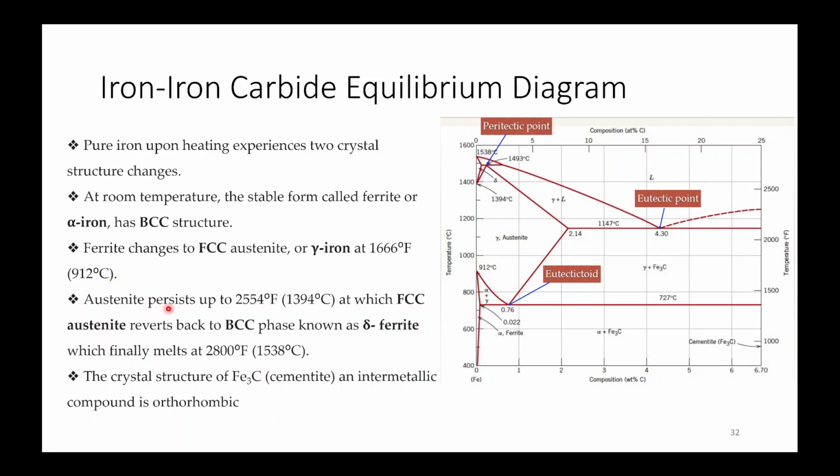This austenite persists up to 1394 degrees Celsius, at which FCC austenite reverts back to the BCC phase known as delta ferrite, which finally melts at 1538 degrees Celsius. And Fe3C cementite is an intermetallic compound with an orthorhombic crystal structure.